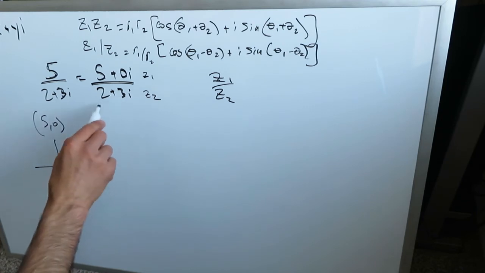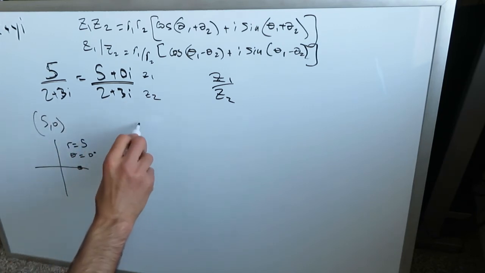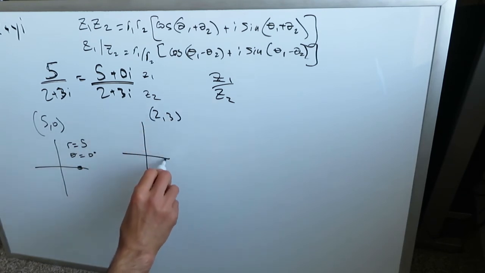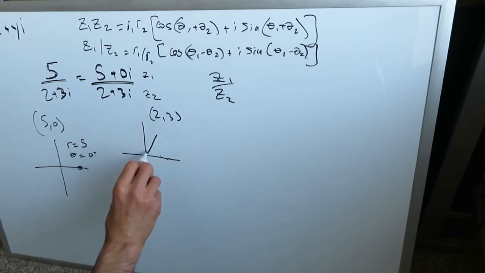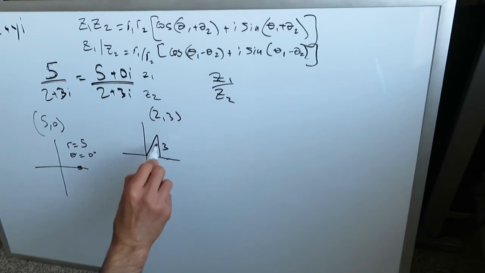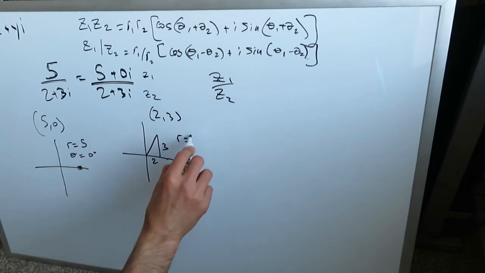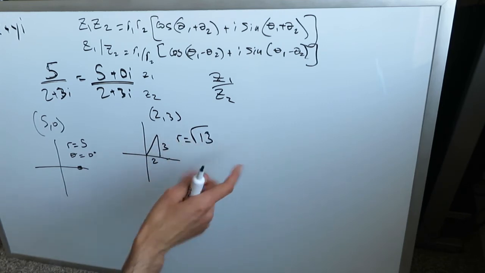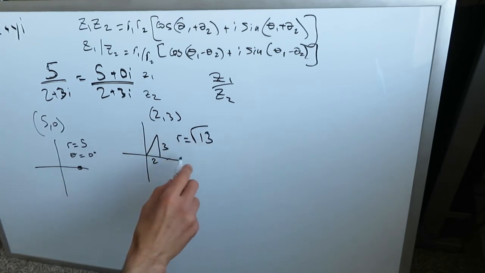Let's look at this other z2, which is 2 plus 3i. Graph it out. 2 plus 3i is the same thing as 2 comma 3. 2 this way, 3 up this way. What's my r going to be? 2 squared plus 3 squared, square root. 4 plus 9 is 13, and the square root of that is root 13.